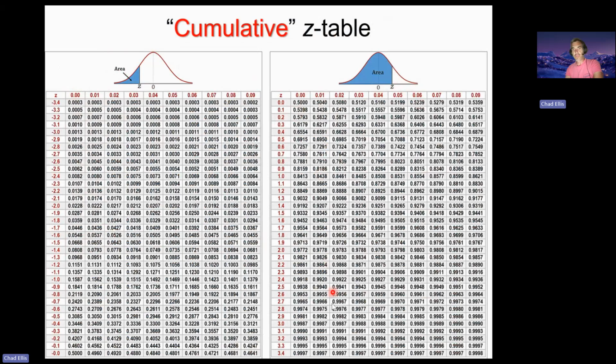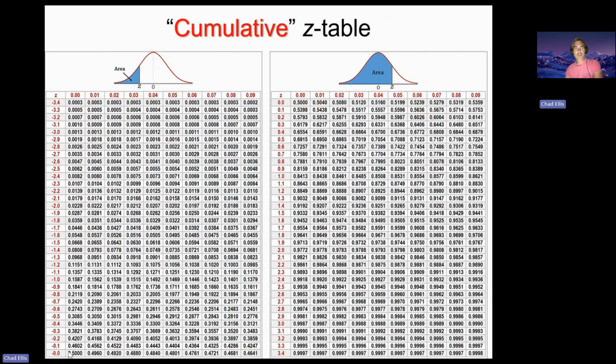As we approach a really high z value, we approach 1, because the value is telling you that you're adding up all of the area underneath that curve. It's cumulative because you go from the left-hand tail and, as you move across, you add up all of the area underneath the curve from left to right.